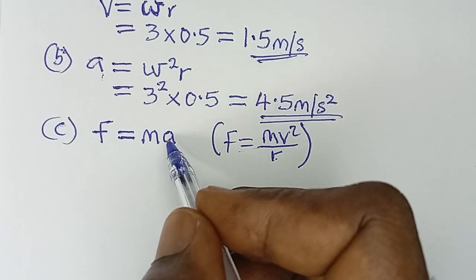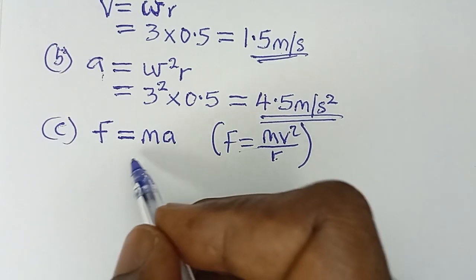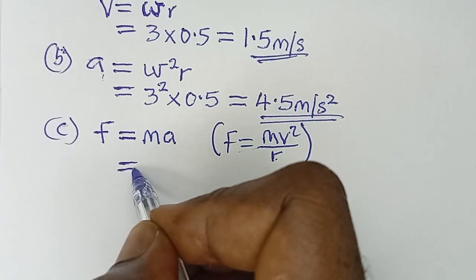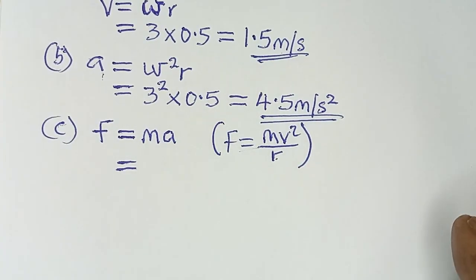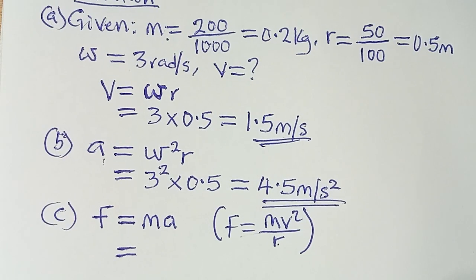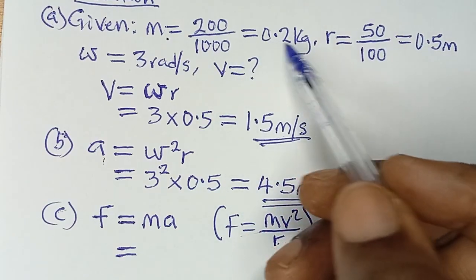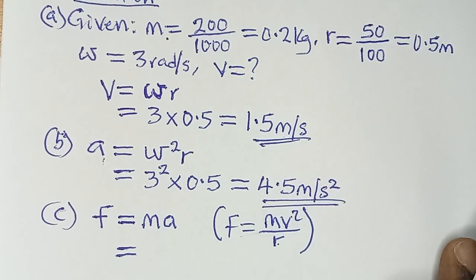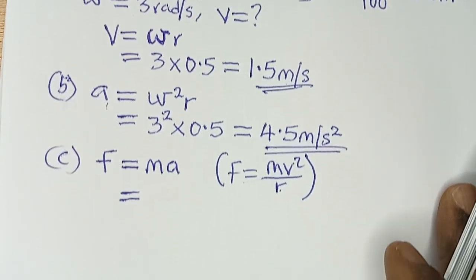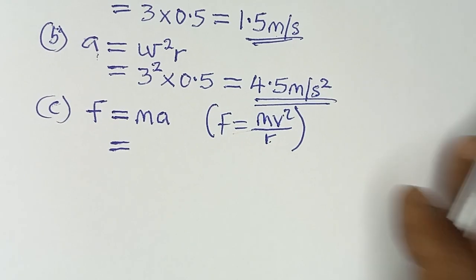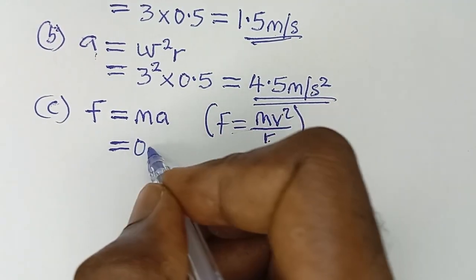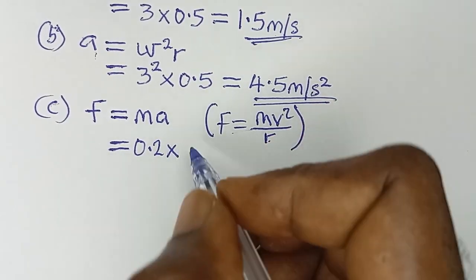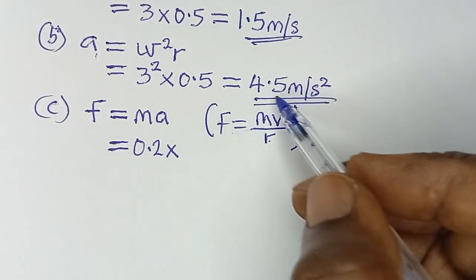Now, simply, we just use F is equal to ma, and that will be equal to the mass, which is what we have here. You can remember the mass that we obtained is 0.2. So the mass is 0.2, as you can see from here. So m is 0.2. So I'm going to write mass 0.2 and then multiply by the acceleration, which is what we just obtained now.